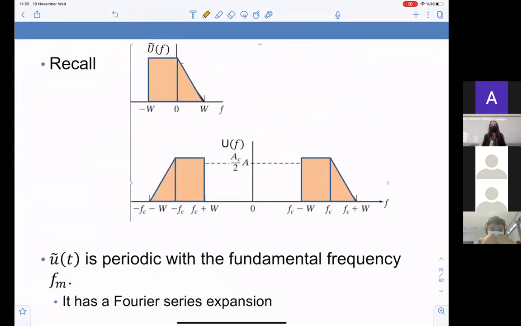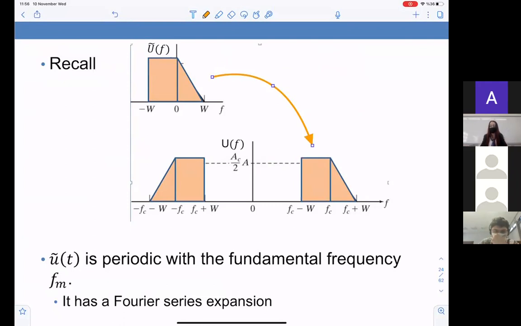So the complex envelope is a complex signal. Therefore, its spectrum is not going to be even. It's not going to be symmetric. And when we think of the actual signal, that is a bandpass translation of this signal, you can clearly see this relationship. Shift it and make it symmetric, essentially.